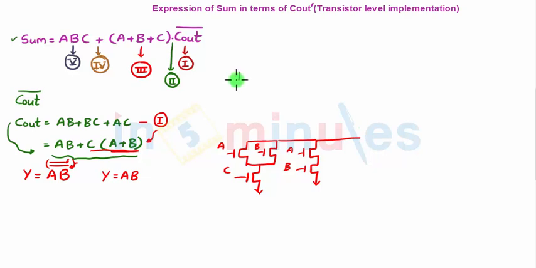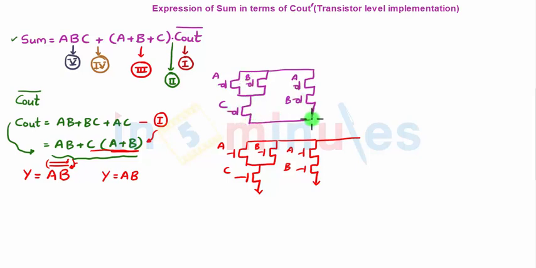So A in parallel to B, which in turn would be in series with C. This entire thing is in parallel to A, which is in series with B. Remember, all these are PMOSes because it's a pull-up network, and this becomes my pull-up network, and the output is taken between the two of them.